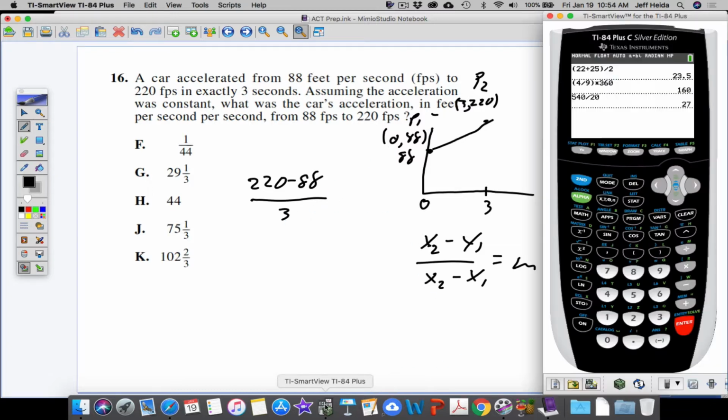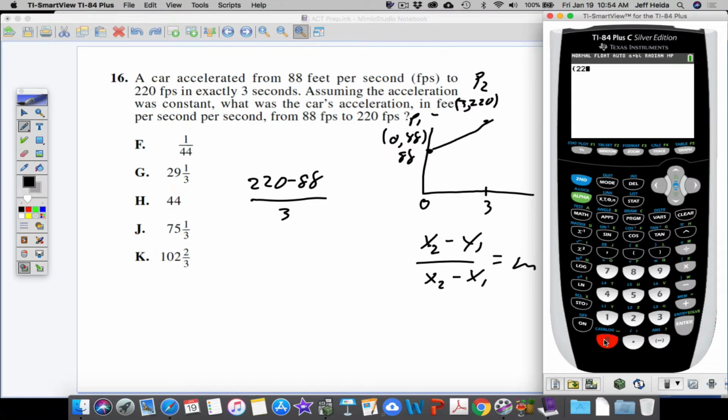So let's pull up the calculator. 220 minus 88 divided by 3 equals 44. The answer is H.